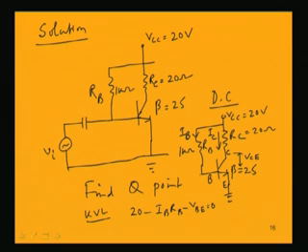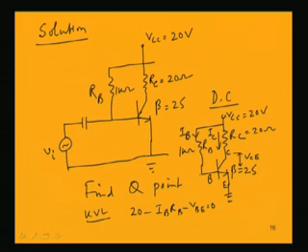So, VCE is small IC into RC, that is the collector to emitter voltage, because we are considering only the AC. If we apply Kirchhoff's voltage law, VCC minus ICRC minus VCE equal to 0, but this VCC is a DC value.